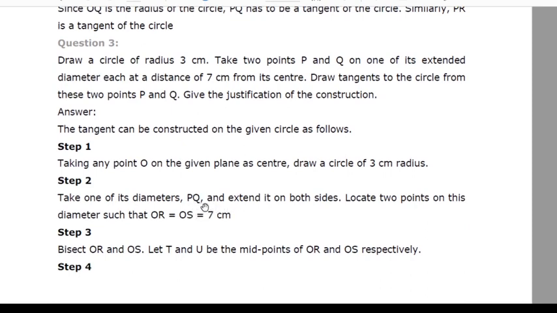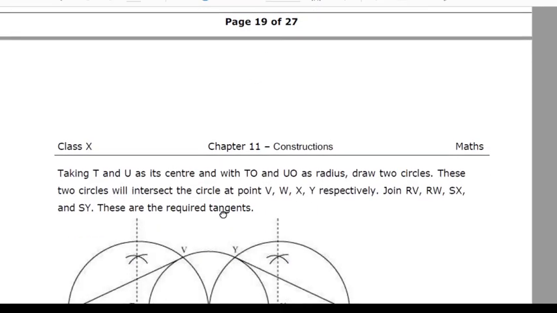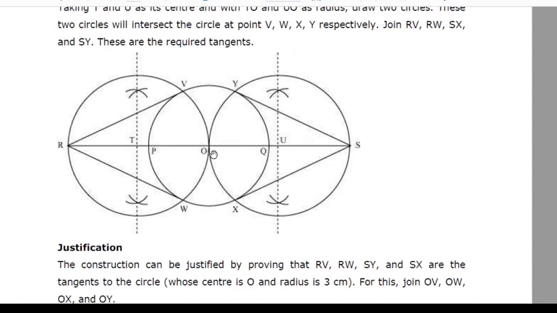So you see here, PQ is extending on both sides and you locate the 2 points on this diameter such that OR and OS are 7 centimeter. This is your PQ diameter, and you have extended it on this side to 7 centimeter. This is OR. This is OS.